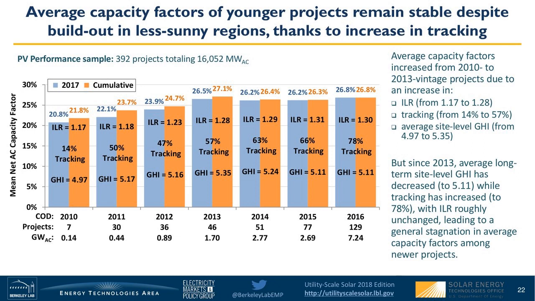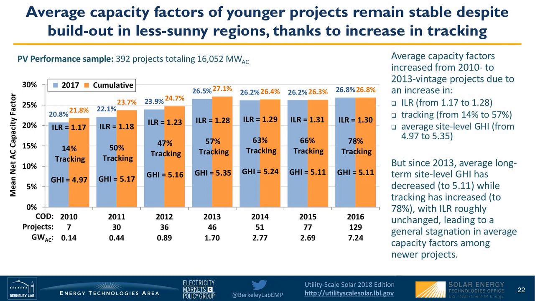Since 2013, though, we've seen the average inverter loading ratio hold more or less steady at around 1.3, while the two other drivers, tracking and insolation or GHI, have moved in opposite directions, resulting in largely stagnant capacity factors among the more recent project vintages.